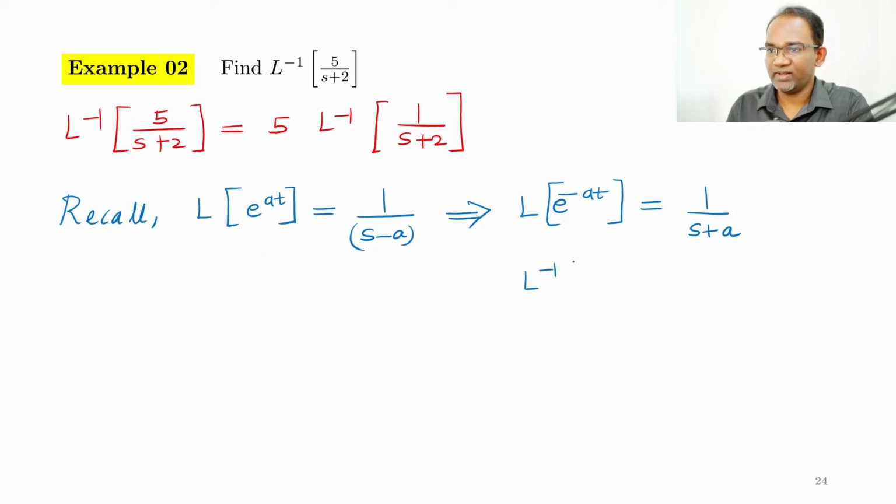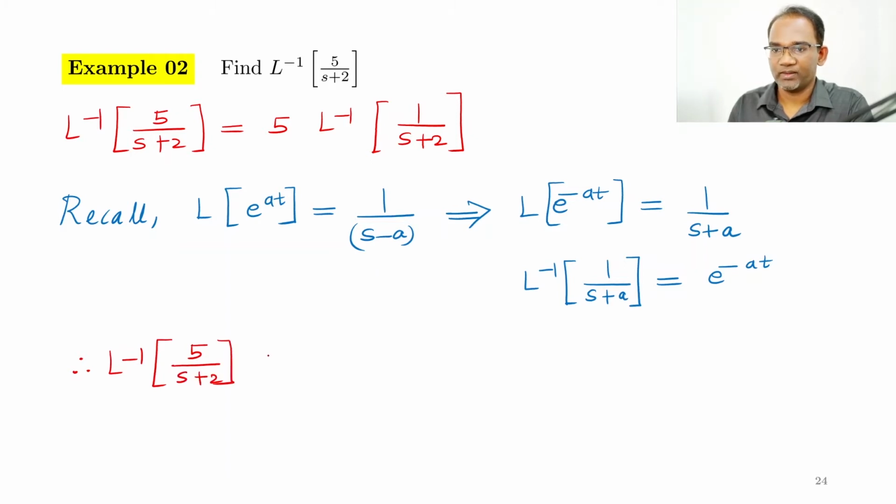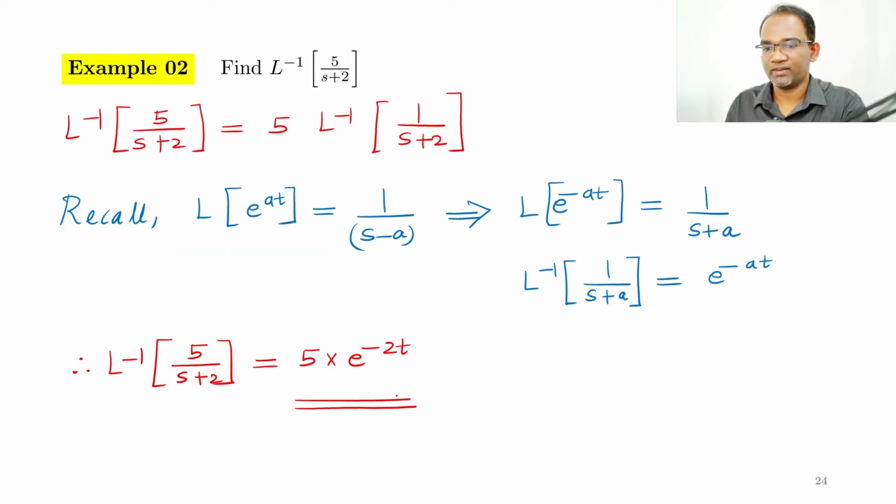And the inverse transform of 1 over s plus a will be equal to e raised to minus at. Therefore, we can write inverse transform of 5 over s plus 2 as equal to 5 times e raised to minus 2t. And this is the required result.